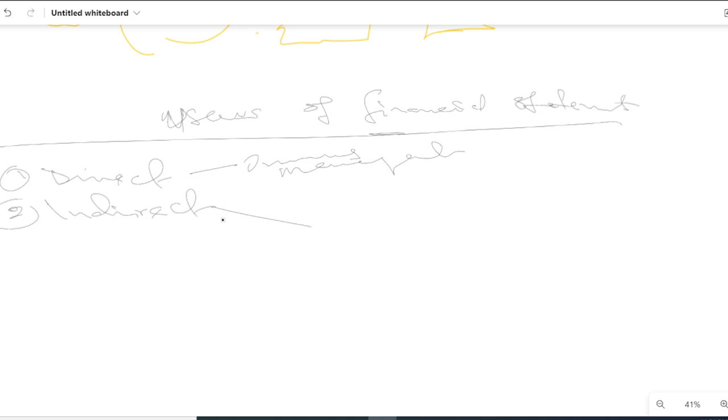Then we have community and other associations. These are the indirect users of our financial statement. Then this is the end of the first part of our lecture.